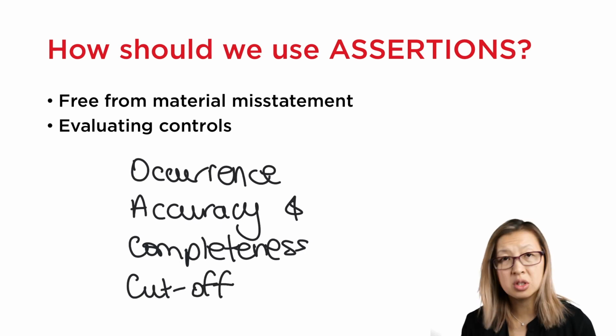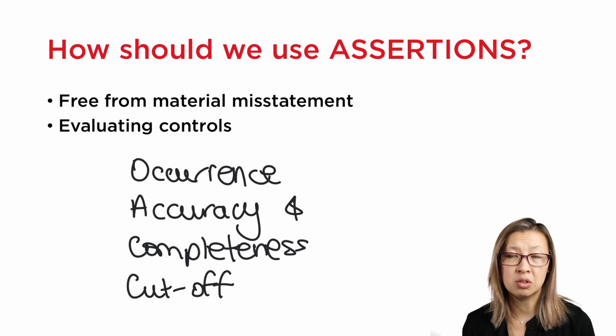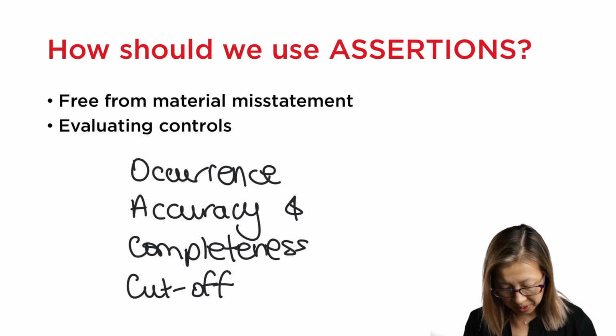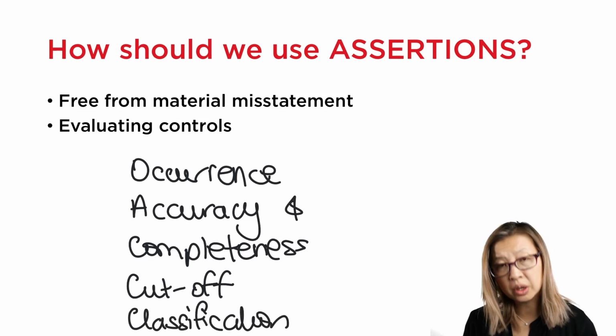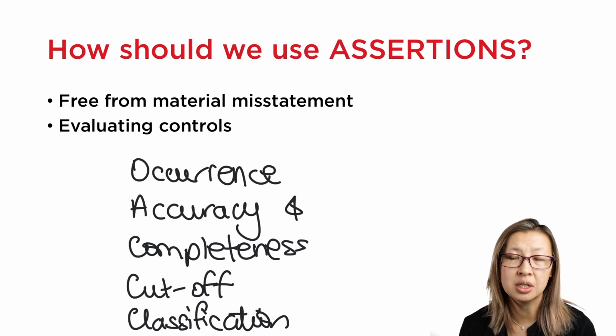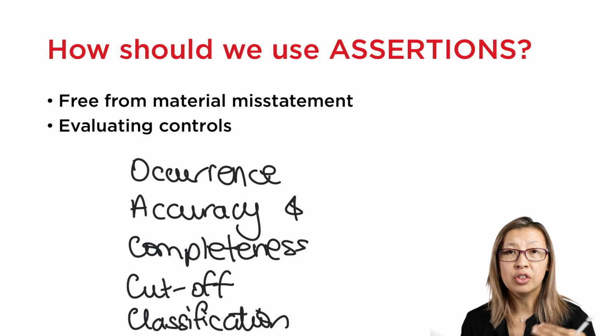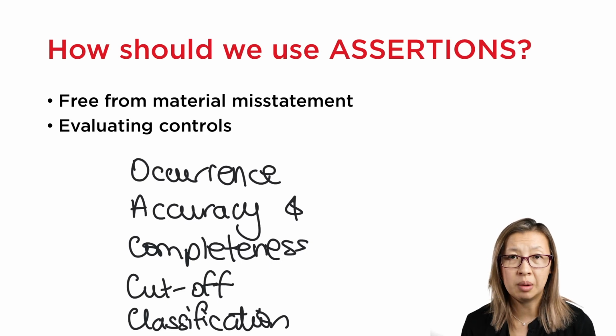So what does the system do in terms of processing transactions to make sure that they're in this financial year? It's processed exactly as it happened so we don't have any cutoff issues. And then classification. What sort of internal control exists to make sure that the transaction is going to the right debit and credit? The journal entry for that system is set up correctly.